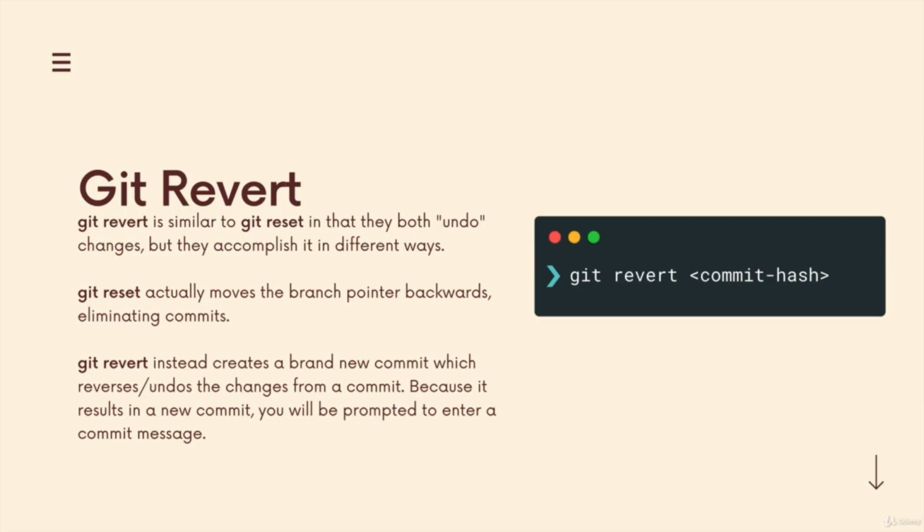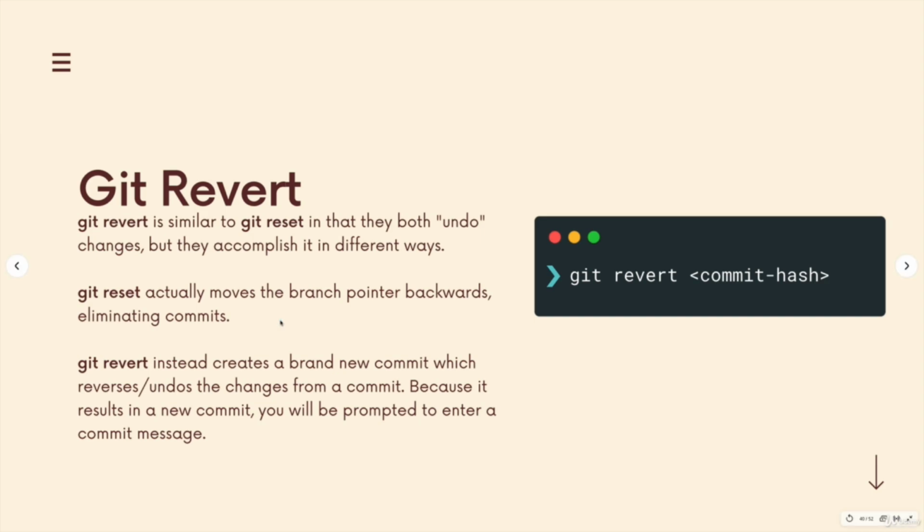So both revert and reset will undo changes from a commit, but the way that they accomplish it is different. As we saw with reset, reset removes commits entirely, and it moves the branch pointer backwards as if those commits never occurred. They never existed in the first place. Revert does something different. It actually makes a brand new commit, and in that new commit, it undoes the changes from an earlier commit.